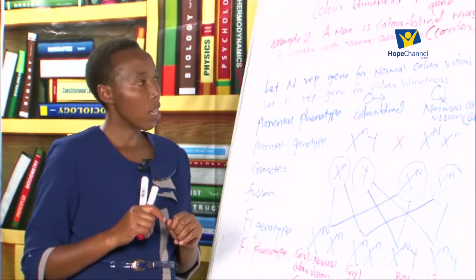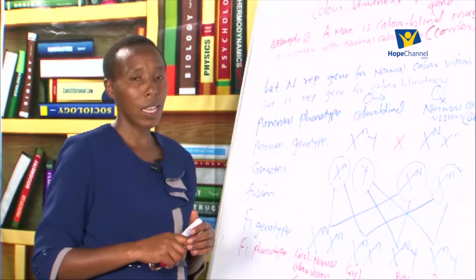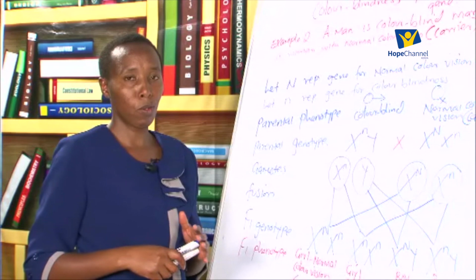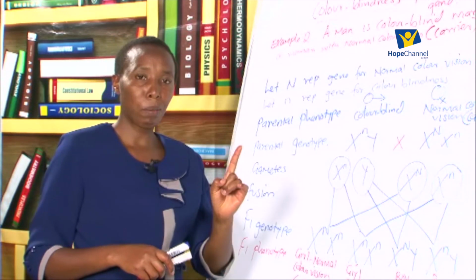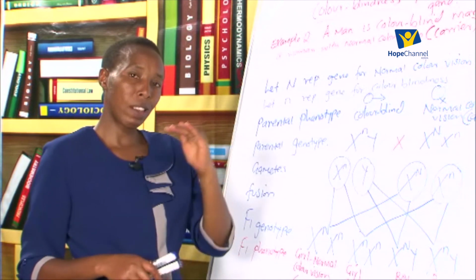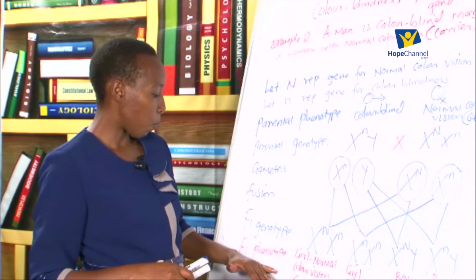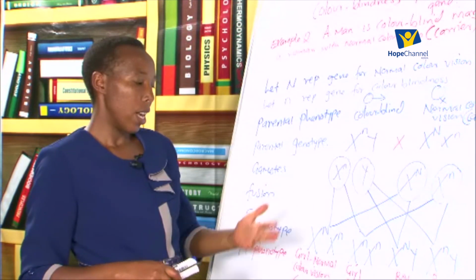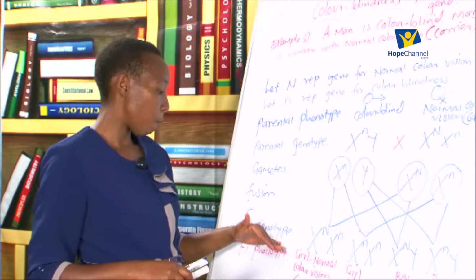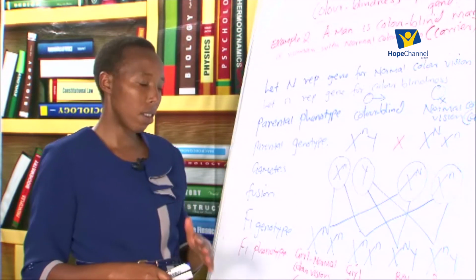The same case, I'm also giving you another question on color blindness. I hope you've noted that question on hemophilic man marrying a carrier female. Do the genetic cross, do it up to F1 phenotype, then give me the F1 genotypic ratio and phenotypic ratio.